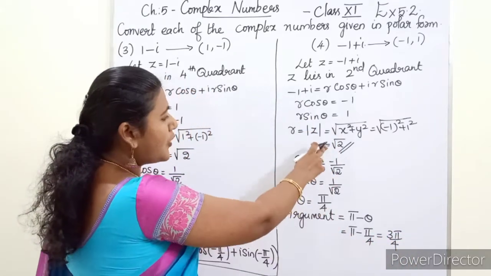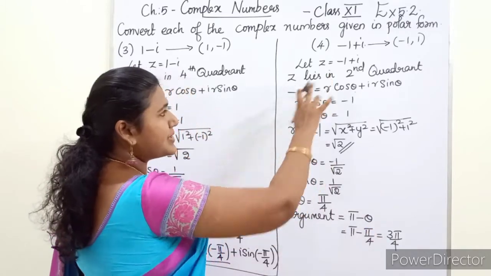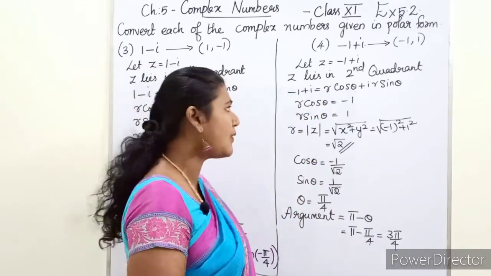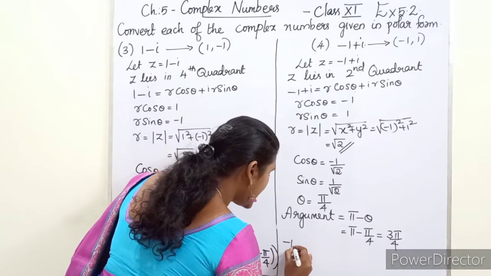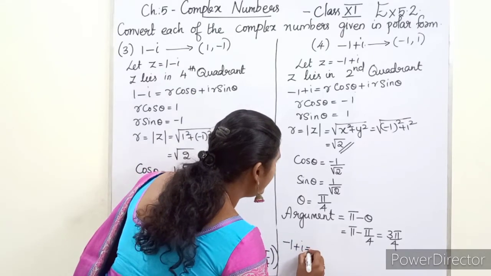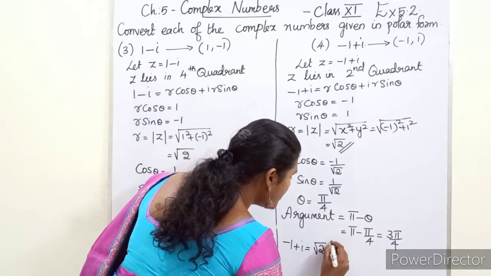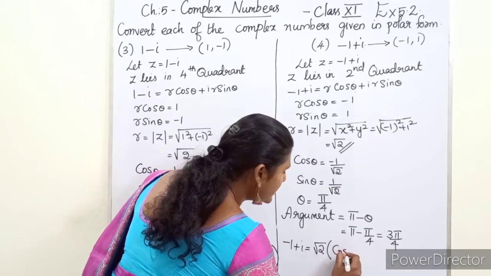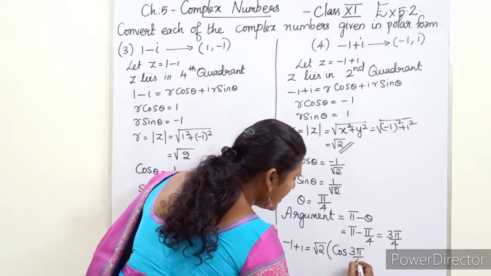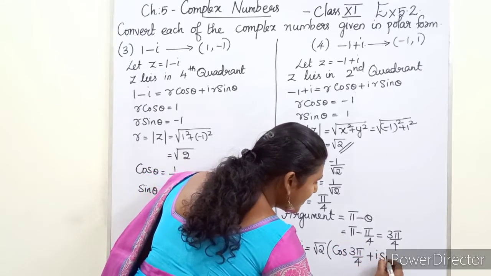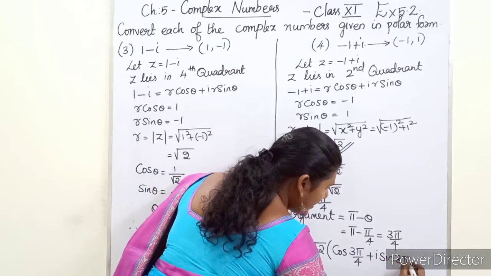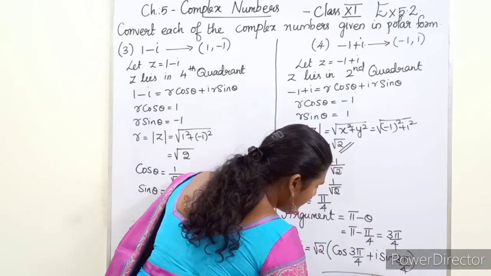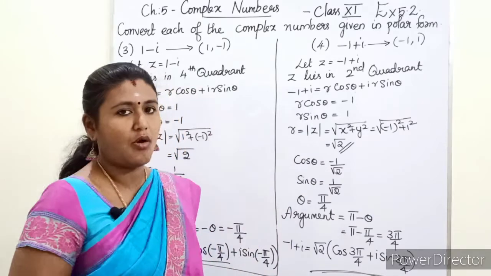Therefore, we got the modulus and argument. Now we will represent the given complex number in polar form. So we can write minus 1 plus i is equal to root 2 into cos 3 pi by 4 plus i sin 3 pi by 4. So this is the polar form of the given complex number.